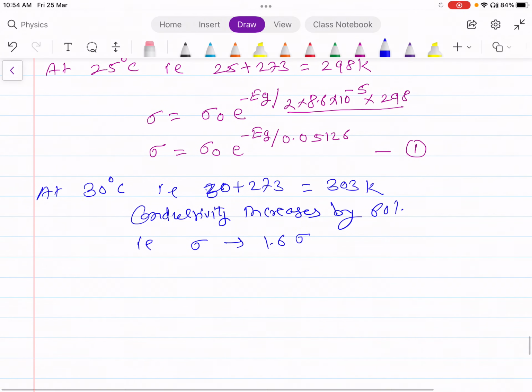So let us write the conductivity relation at 30 degrees Celsius.